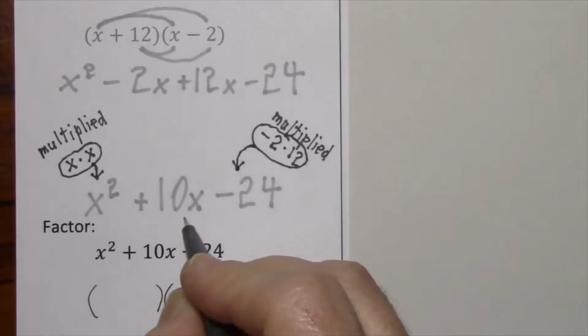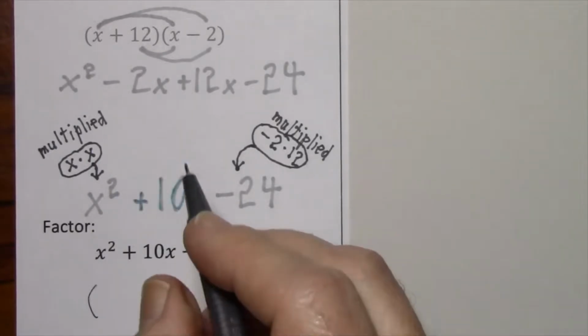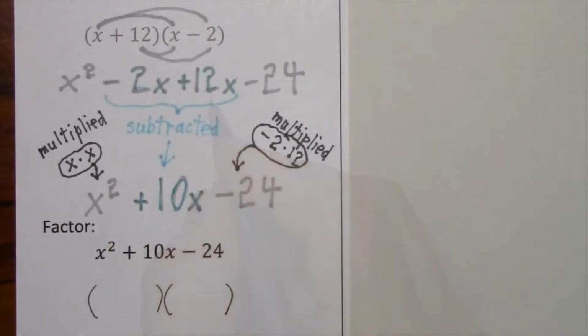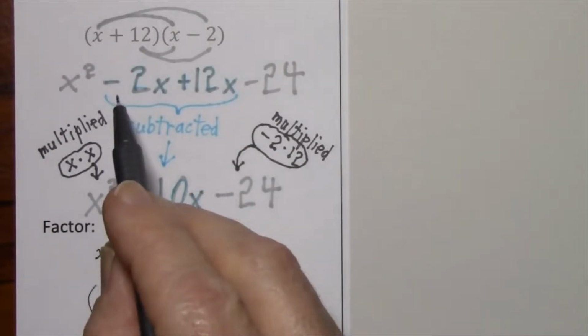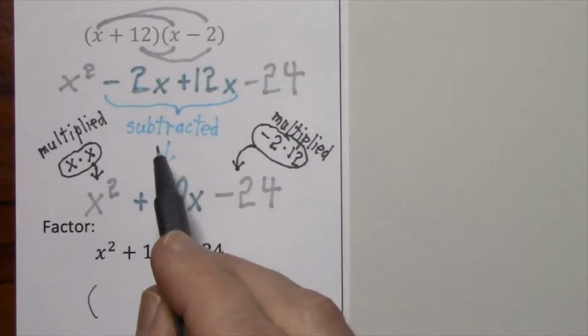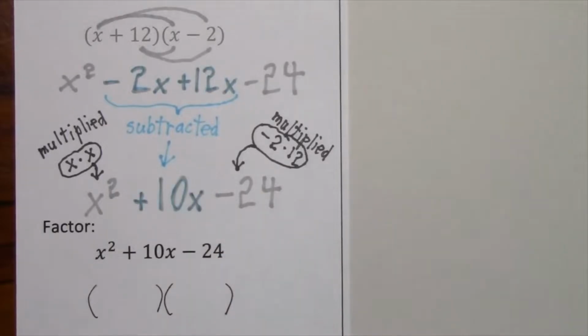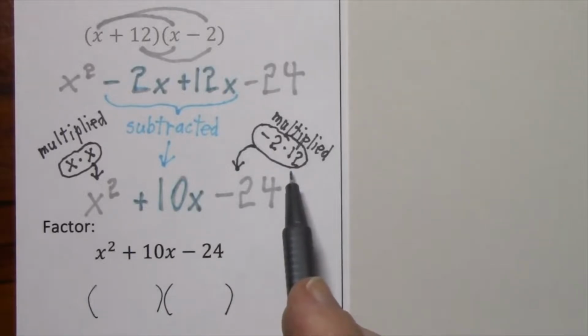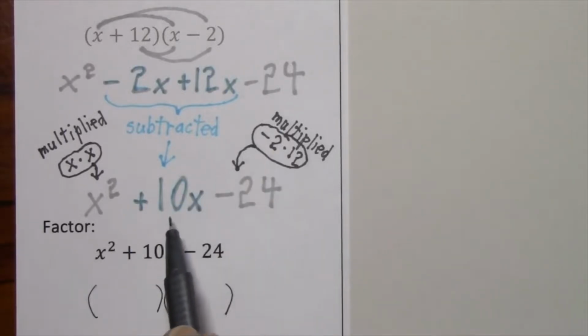And how did we get our positive 10x? We subtracted. If the signs had been the same, we would have added. So the first and last term are the result of multiplication. This middle term is the result of addition or subtraction.